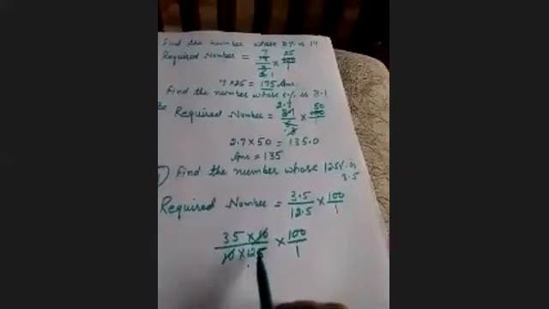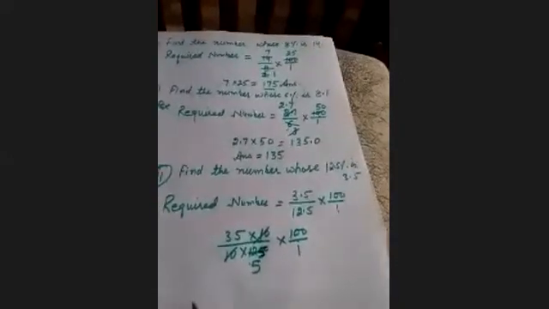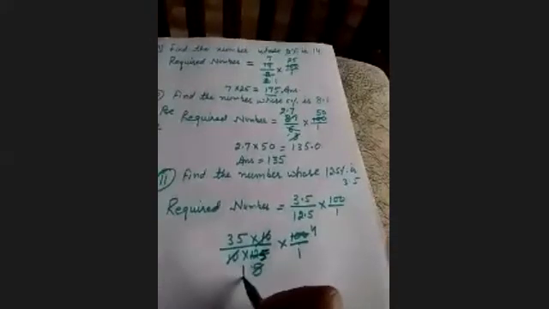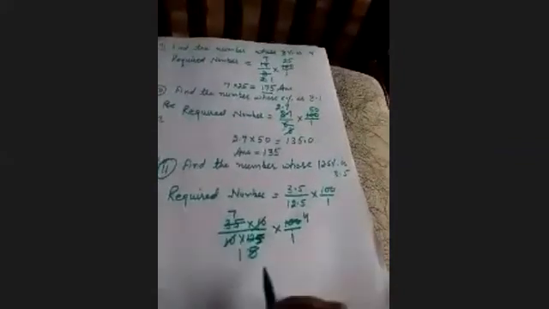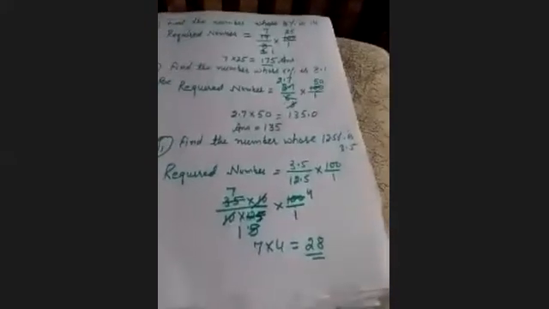So 25 5 are 125 and 25 4 are 100. Now students, 5 1 are 5, 5 7 are 35. So now we have 7 into 4, 28. So our required number is 28.